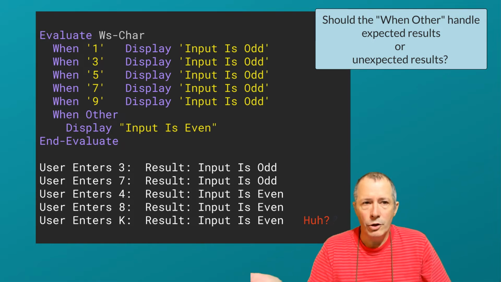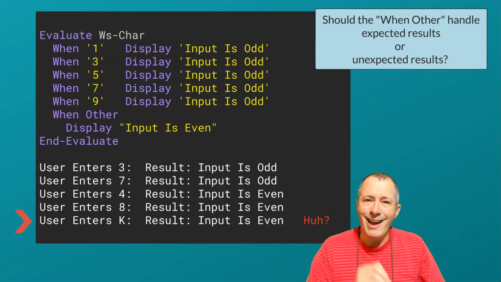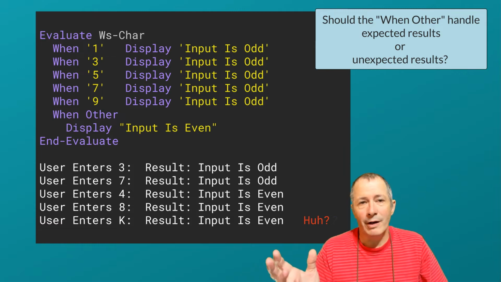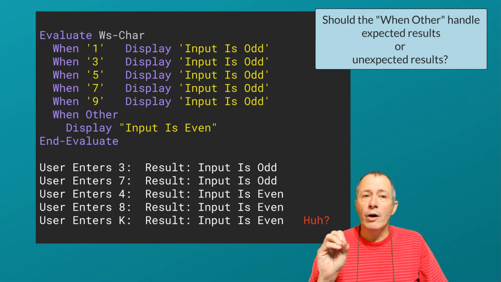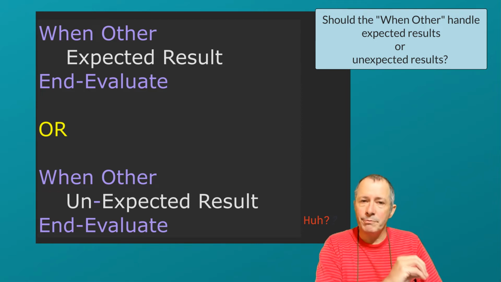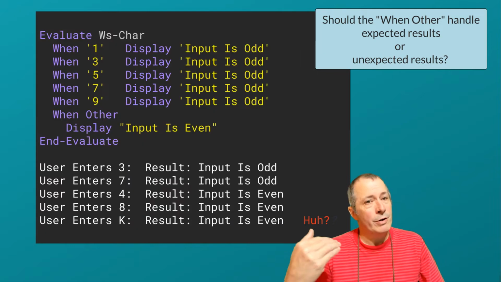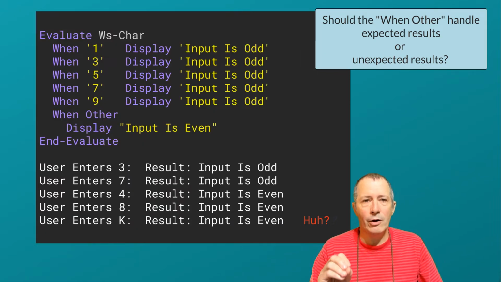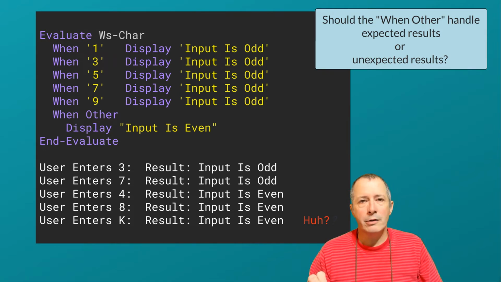So far, good. If WS-CHARACTER contains the value of K, the message is input is even. Well, that's not correct. That begs the debate about whether the WHEN OTHER clause should be used for expected or unexpected results. I prefer the guideline that the WHEN OTHER clause is generally used to handle unexpected results. Notice I said guideline, not standard.